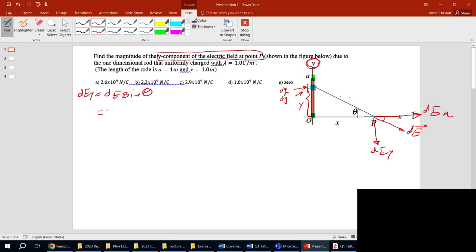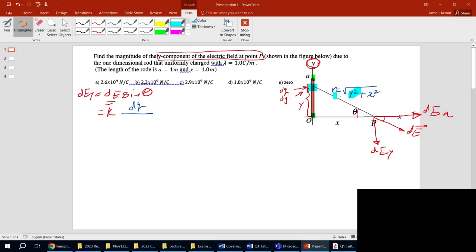So let's write this. dE is equal to k, where dE is the electric field produced at point P by that small piece. So it is equal to dq divided by the distance between that dq and the point P, which we don't have here, but let's call it r, where r squared equals y squared plus x squared.